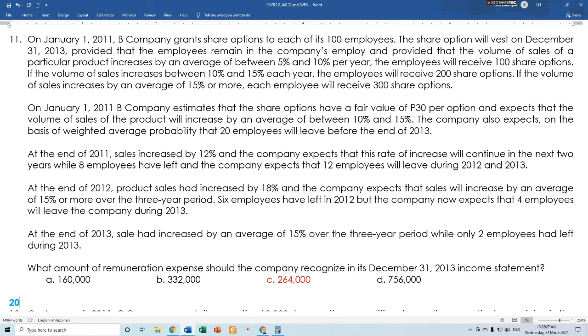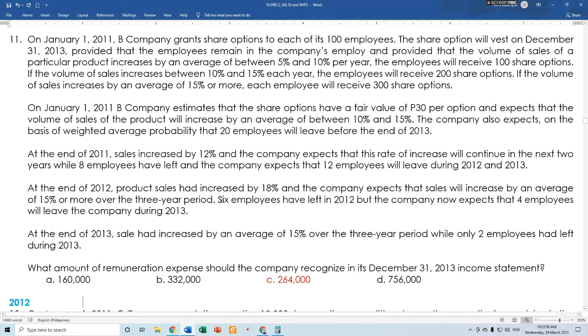Okay? So, for 2012, magbibigay tayo ng share options. Sabi, at the end of 2012, product sales has increased by 18%. And the company expects that sales will increase by an average of 15% or more over the 3-year period. 6 employees left.